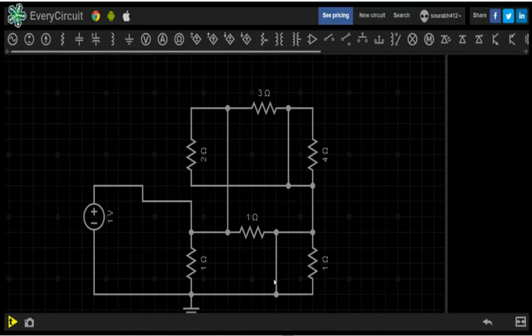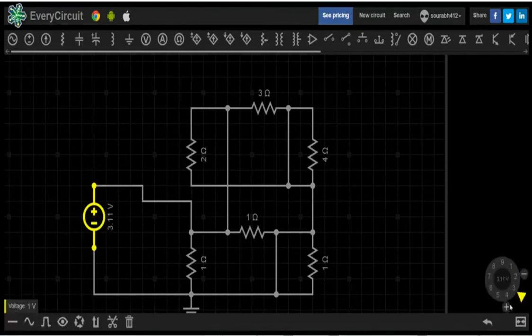Now run the simulation. What is the expected answer? 2.83 mho. You can keep 1 volt or you can keep 10 volt, that will also work. Click here and adjust it to 10 volt, 5 volt, any value, it doesn't matter. The ratio I1 by V1 will be 2.83.